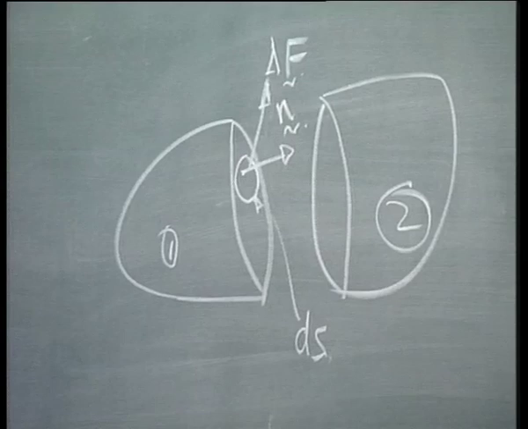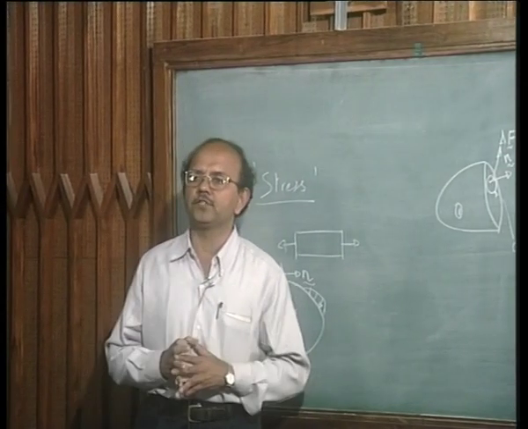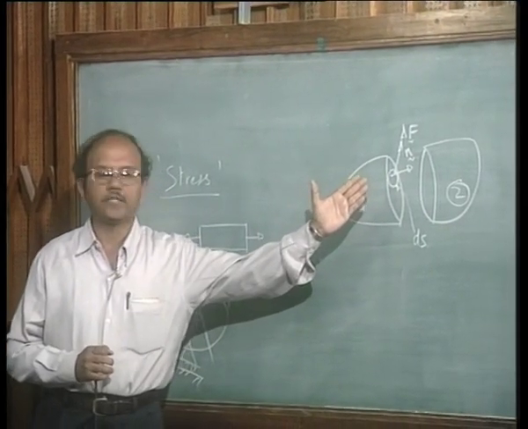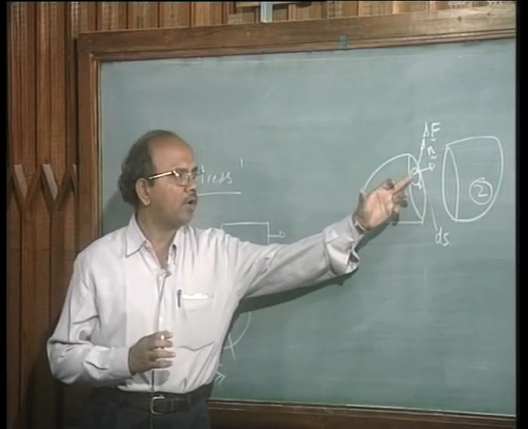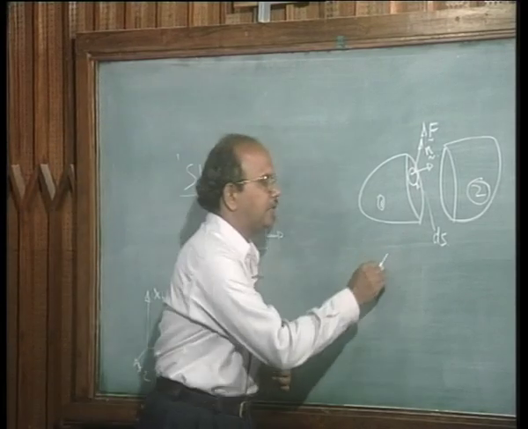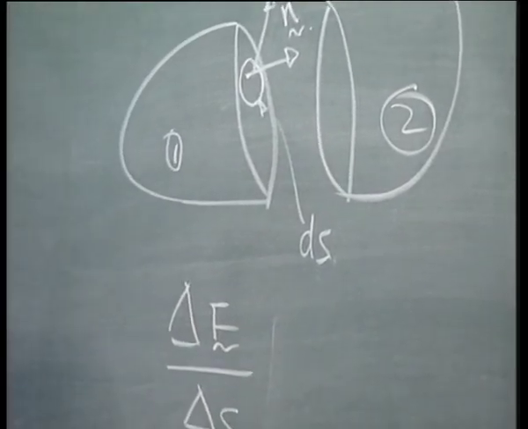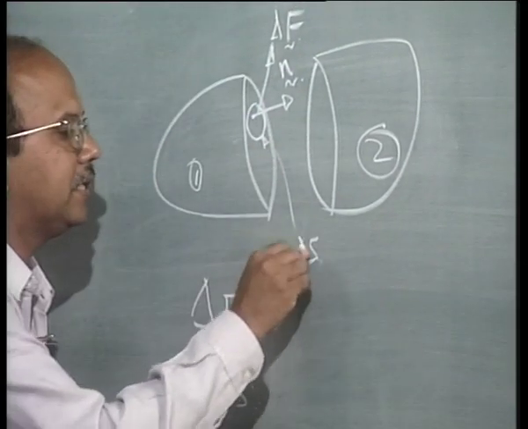Is that clear? Now let us stick to our old definition of stress, but the only difference now is that we are going to talk about areas which are around a point P. Let us now say that the average of these forces that act at this point P can be given as, say, delta F by delta S. For a moment, to stick to our delta F here, let me call this delta S as well.